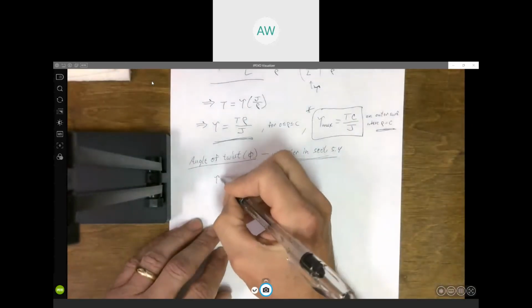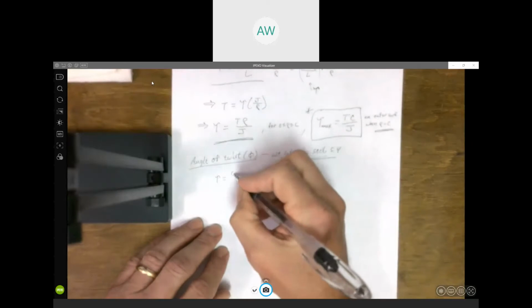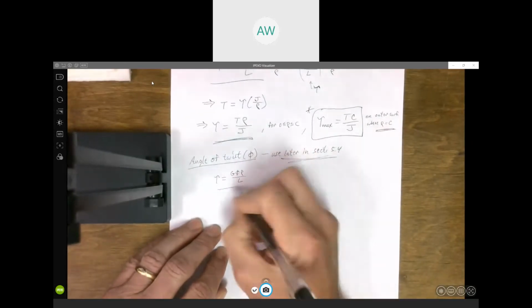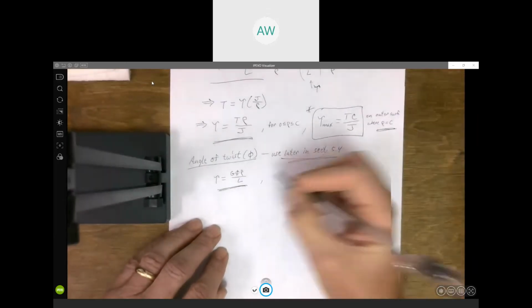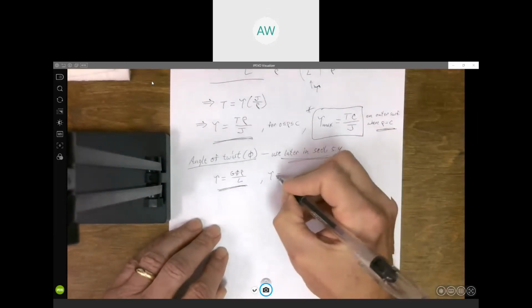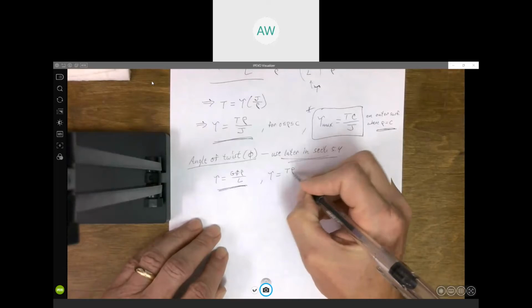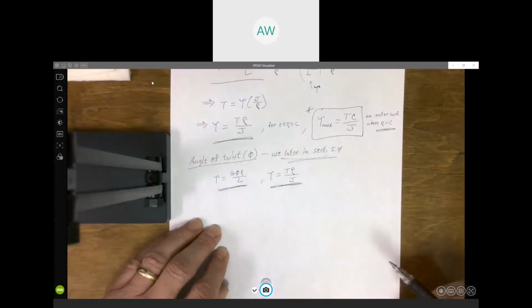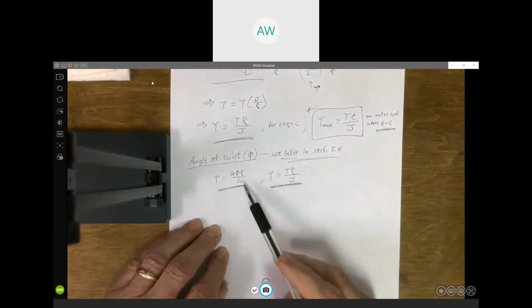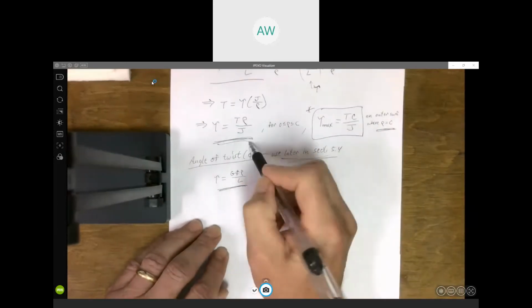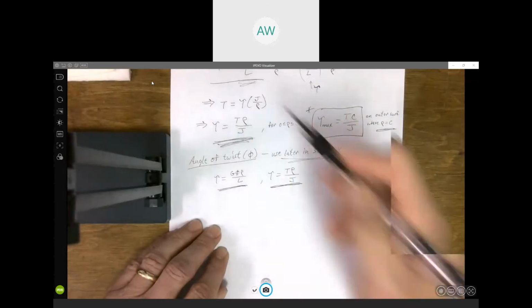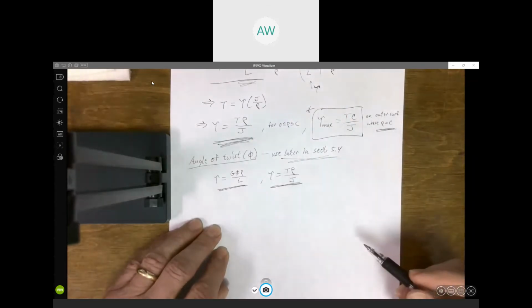But it's real simple, right? We know tau is G phi rho over L. We also just found out that tau is T rho over J. So this is really, really simple. Just take this formula we just derived, one from earlier, and set those two equal to each other.